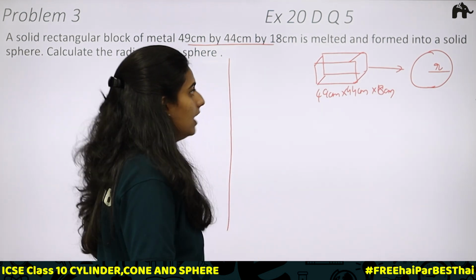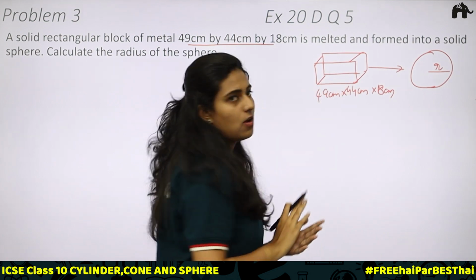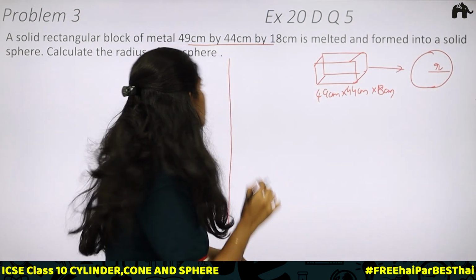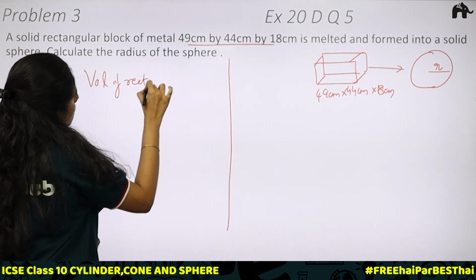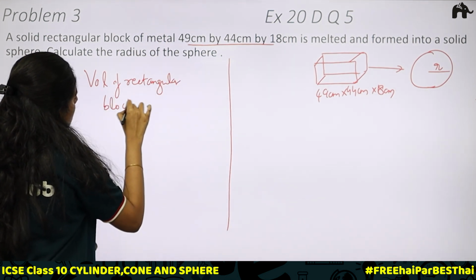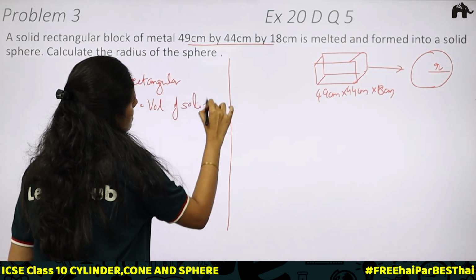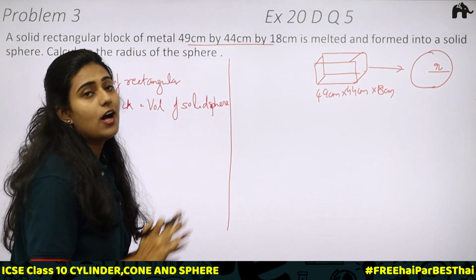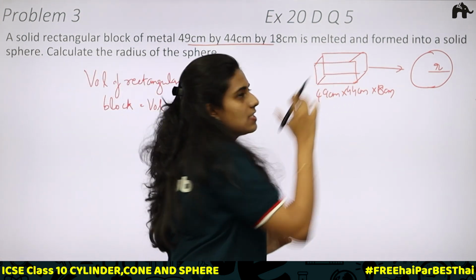In this case, again, the volume will remain the same. Volume of the rectangular block will be equal to volume of the solid sphere that is formed. Now, how to find the volume of a rectangular block? This rectangular block is a cuboid.